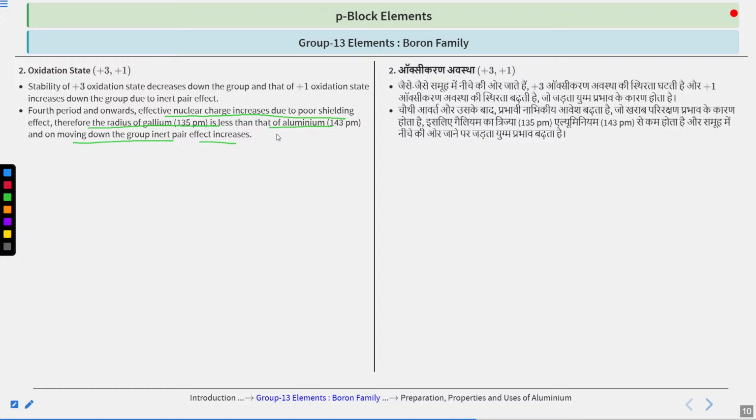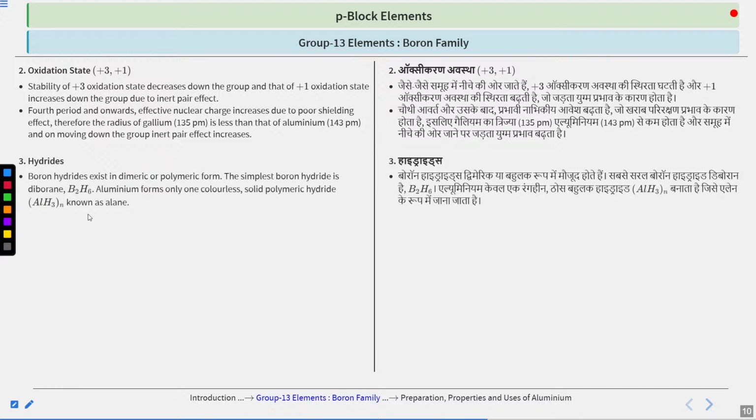The reason is the occurrence of d orbital, which has a poor shielding effect, and as a result the outermost shell is attracted more strongly and the size of the atom contracts, so we have a smaller size. On moving down the group the inert pair effect increases. We have already discussed it in terms of the oxidation state.